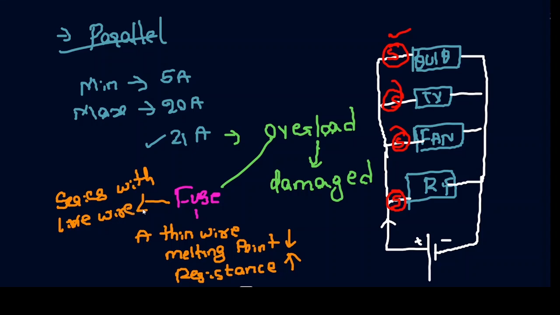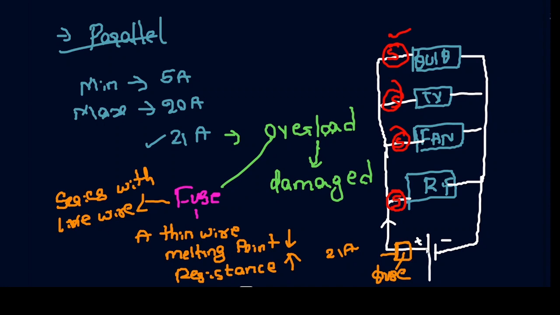Then it resists the current if more current is passing through that meter. First of all, this fuse resists the current. Now if 21 amperes of current is passing through it, what happens? Anyway, the fuse has high resistance, right? So it resists the current. When it is resisting, it gets heated, right?